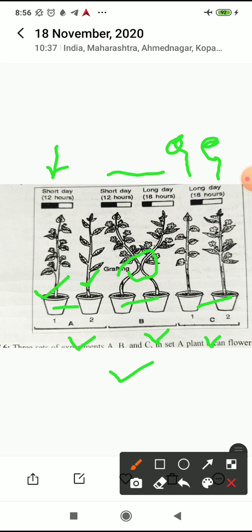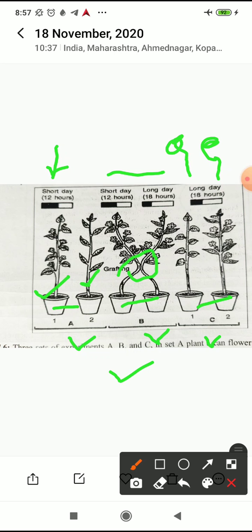It means that from plant A the stimulus, or photoperiodic induction received by the plant, which had some chemical, is now transferred through the graft to plant B, and that is why plant B is able to flower.